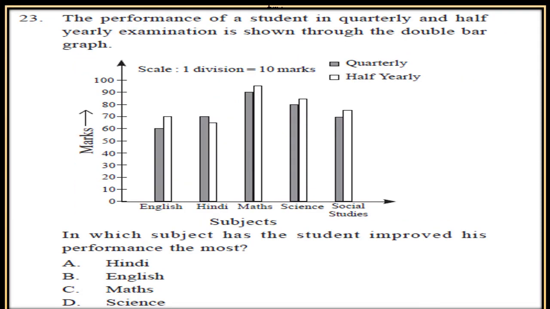Question 23. The performance of a student in quarterly and half-yearly examination is shown through the double bar graphs. Now see the bar graphs. The shaded one is quarterly performance and the half-yearly performance is the empty one. So the two bar graphs are showing the performance of the student in quarterly and half-yearly.